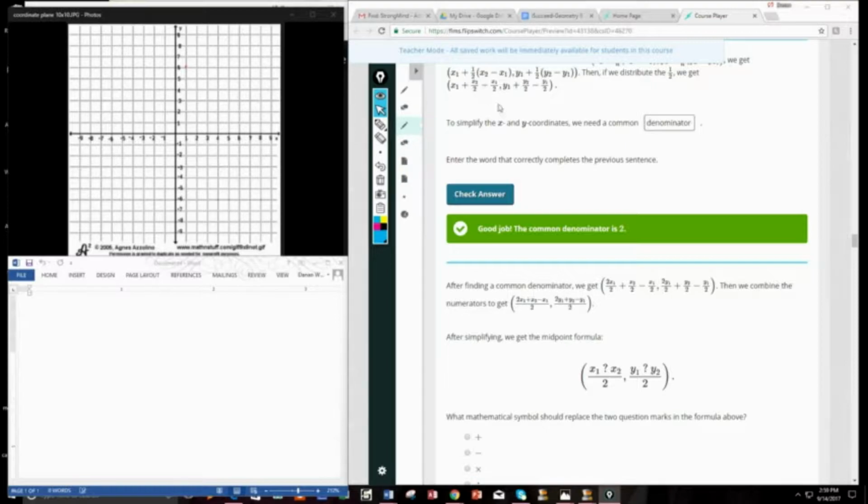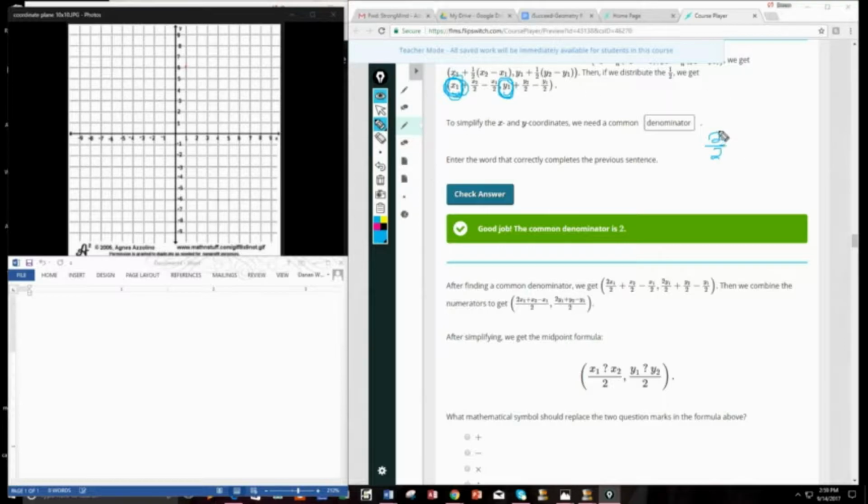How did they find that common denominator? Every value that did not have a denominator of 2, they had to multiply by some form of 1 so that the value of it didn't change. And the form of 1 that they chose was 2 over 2. Our denominator is 2, and 2 over 2 is a form of 1 if we were to reduce it.